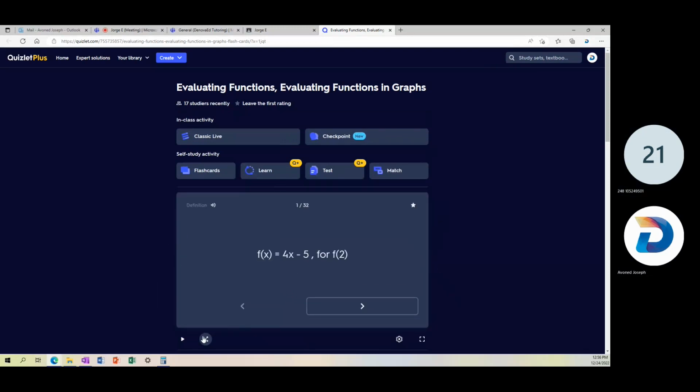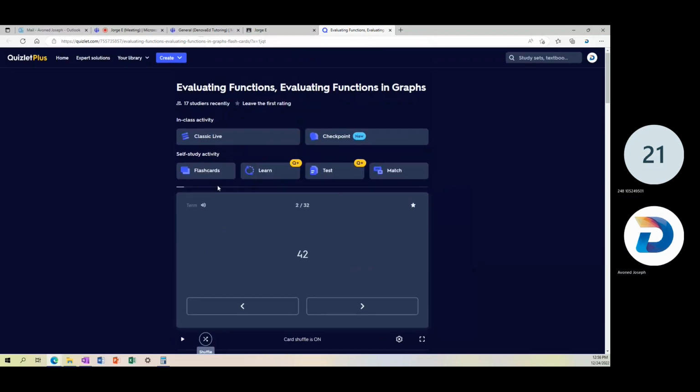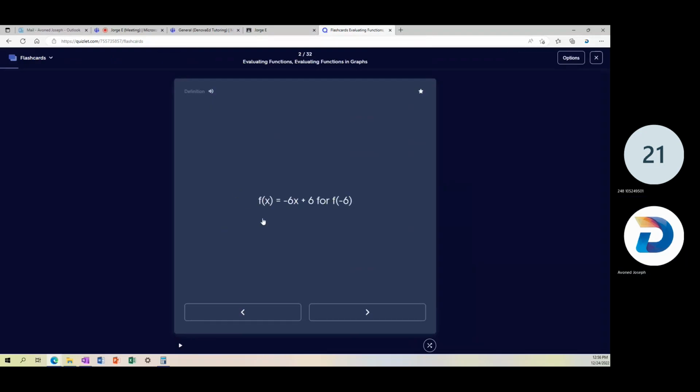Give me 1 second. All right, so this is the initial function. Write it down on a sheet of paper and let me know when you're ready to solve it.